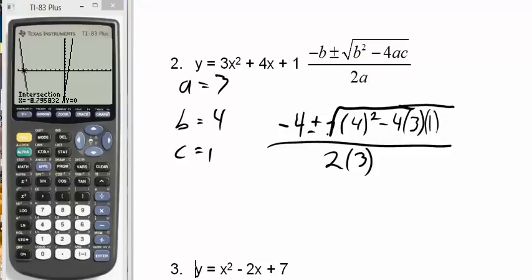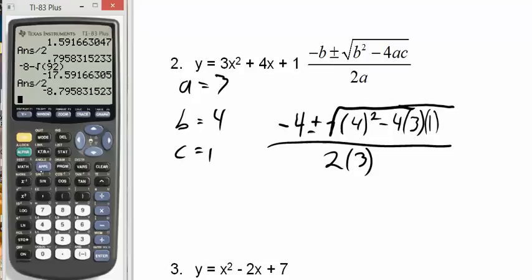So I always do the discriminant first. So that is going to be 4 squared minus 4 times 3 times 1, which equals 4.